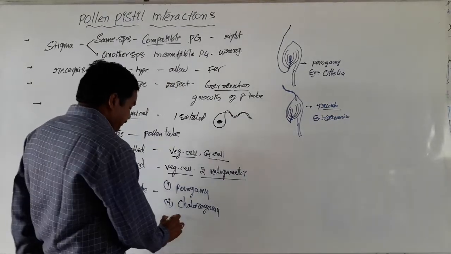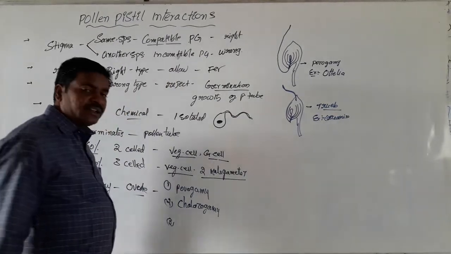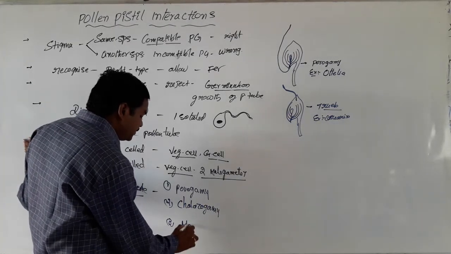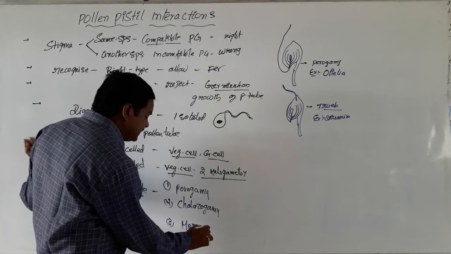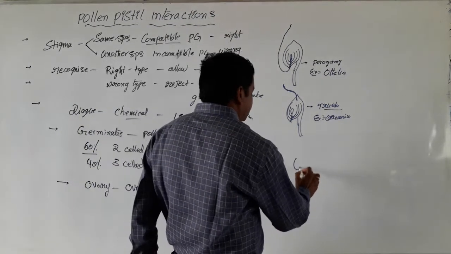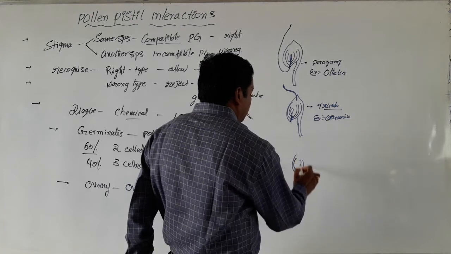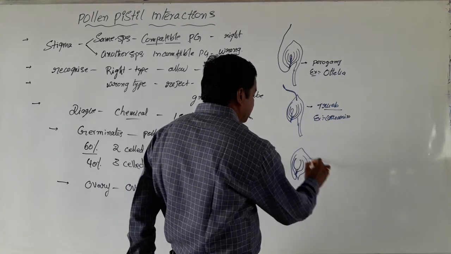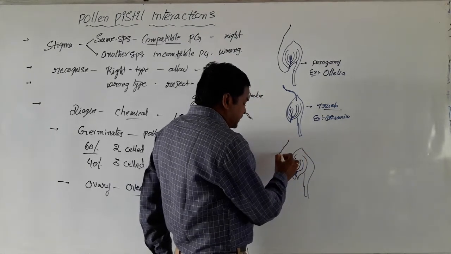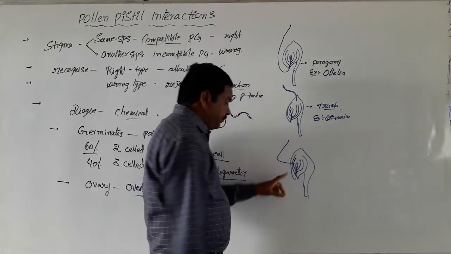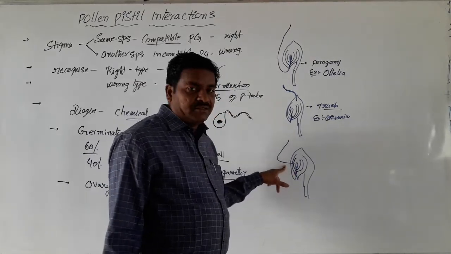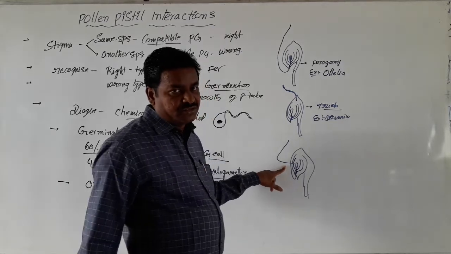At the same time, there is another way of entry of the pollen tube into the ovule, called mesogamy. For example, this is the ovule. Here, the pollen tube enters into the ovule by penetrating through the integuments.